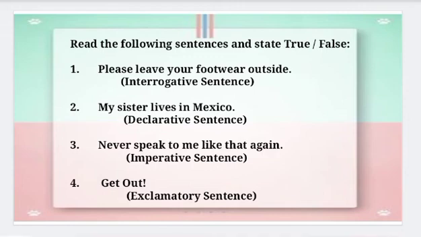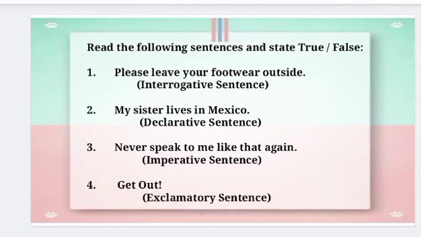Get out. In this evaluation, you have to read the following sentences and identify the kind. So, read carefully and state whether it is true or false.